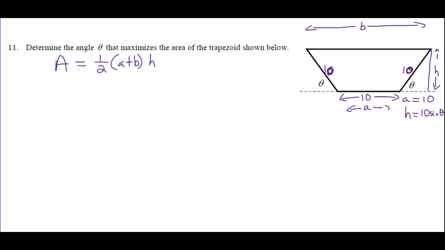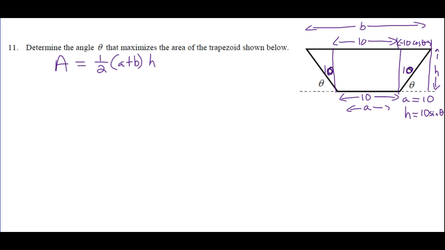A is equal to 10, and B, well, this distance is 10, and this distance is 10 cos theta. Right? Kind of the same reasoning. It's the same as this distance down here, right?